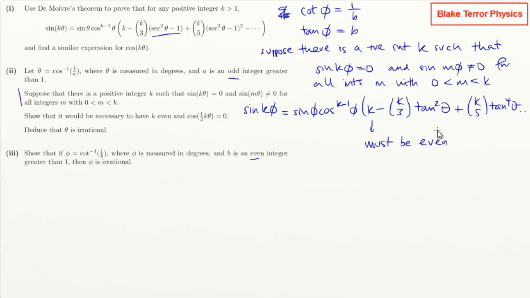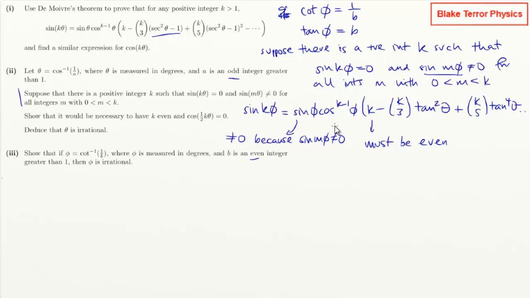So sine phi can't be equal to 0 because of this condition, sine m phi is not equal to 0. What am I doing with cos? Okay, cos to the k minus 1 of phi.